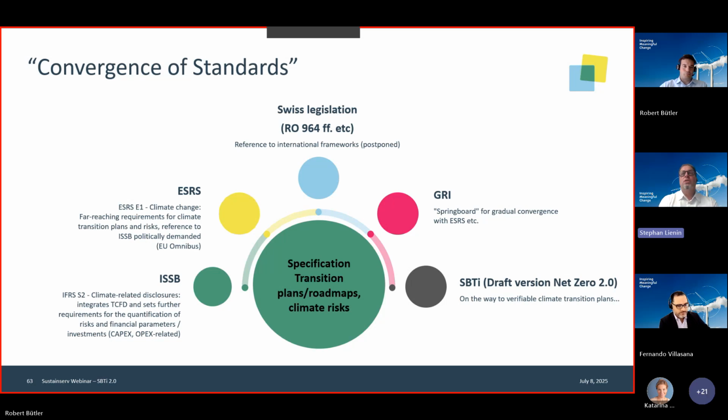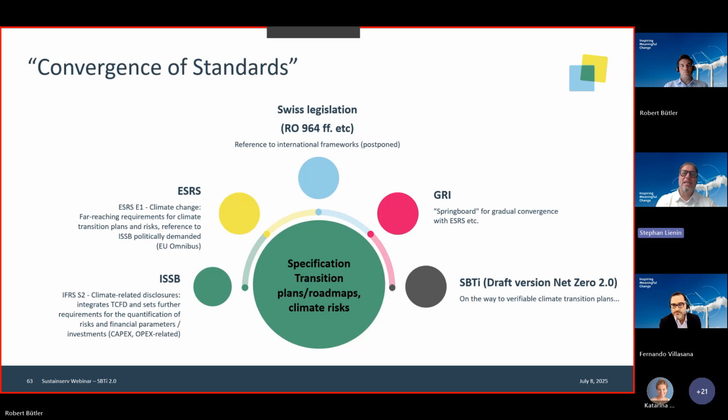That's a slide from a seminar on climate reporting we gave recently. I think the overall conclusion is not only for Switzerland, but can be useful for any market. In the current situation where regulation change is on hold and unclear, it's probably good to look out for things which are covered by almost all standards.